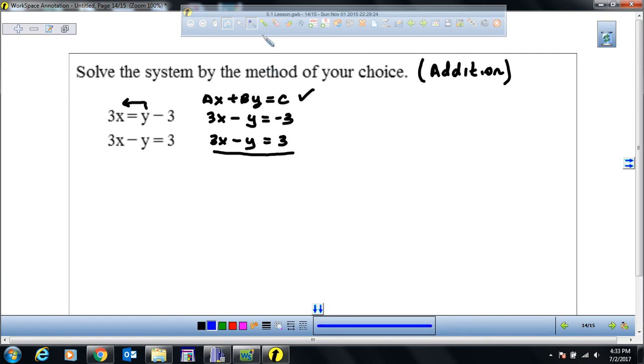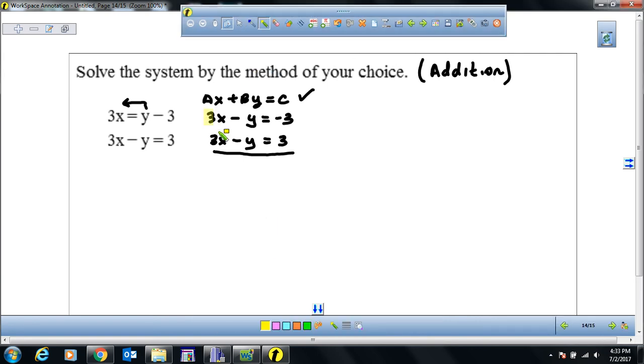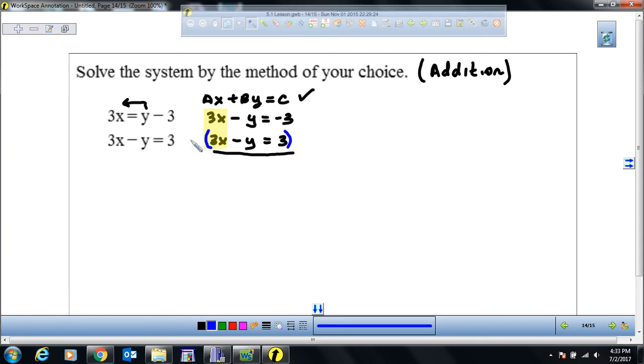Step number 2. Let's say, for example, I wanted to cancel out the x's. Both of them already have the same number. There's only one thing that we need. One of them must be a negative, which means that either you multiply the top equation by a negative 1 or the bottom equation by a negative 1. So, for example, what if I multiply the bottom one? That gives me a negative 3x. Negative 1 times negative y is positive y equals negative 1 times 3, which is negative 3.